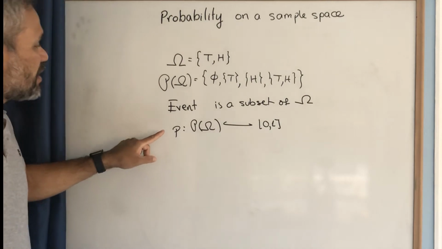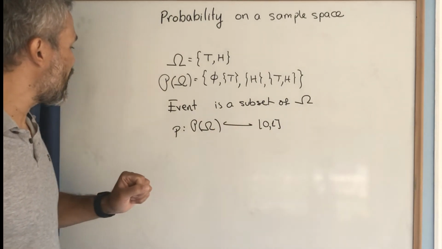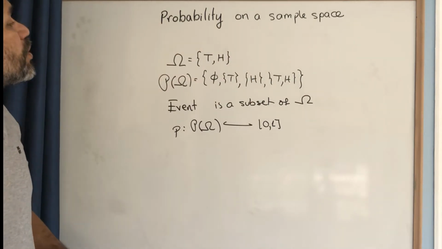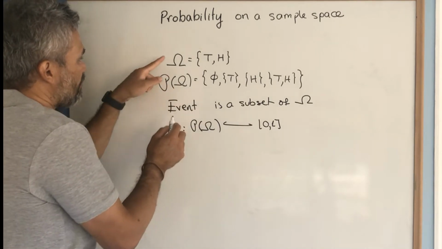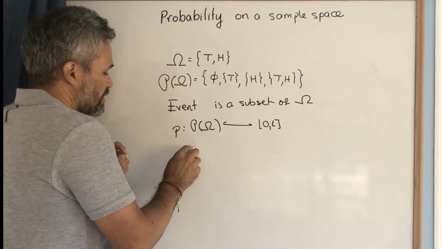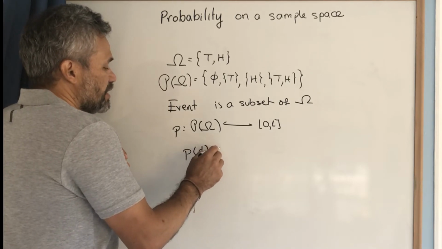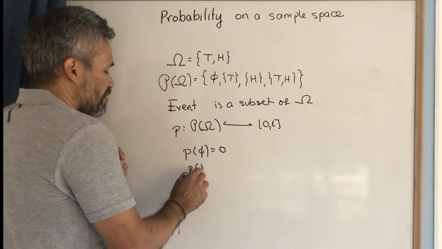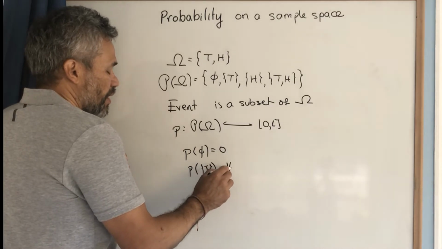That means that the function can only take values between 0 and 1, and it takes any event and sends it into a number. Then an example of a probability on this sample space could be, we can assign the probability of the empty set to be 0. We can assign the probability of this set to be 1/3.